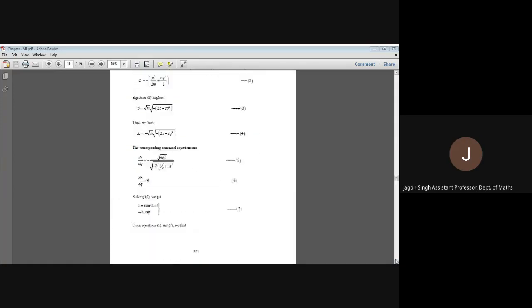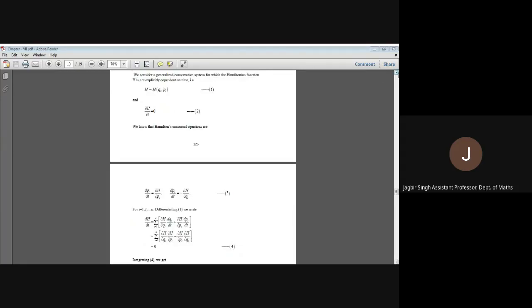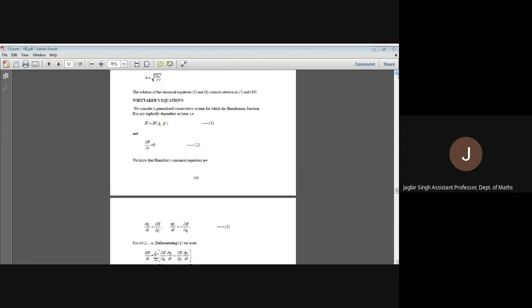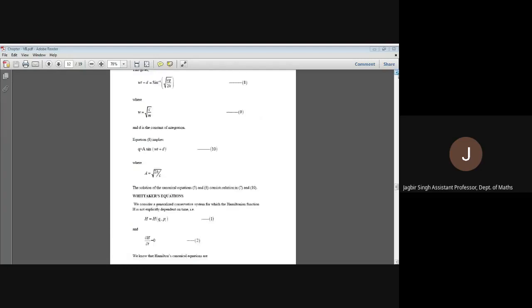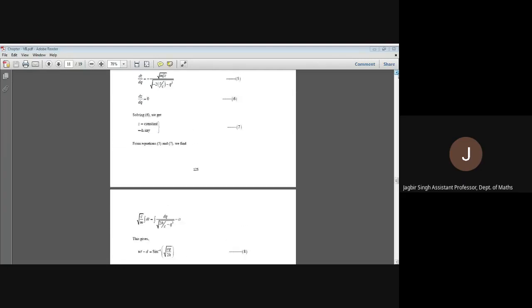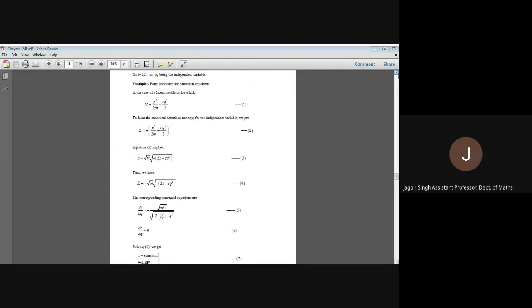Again, one example is discussed in this context, in which H is given like p square by 2m plus cq square by 2. Then Z is minus H, so Z is equal to minus p square by 2m plus cq square by 2.